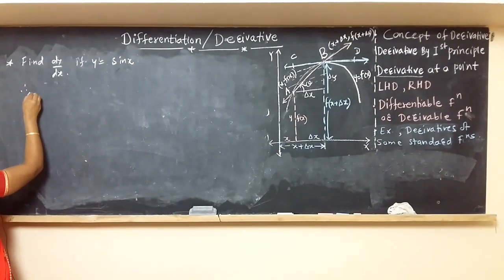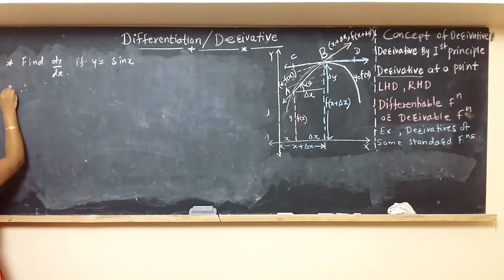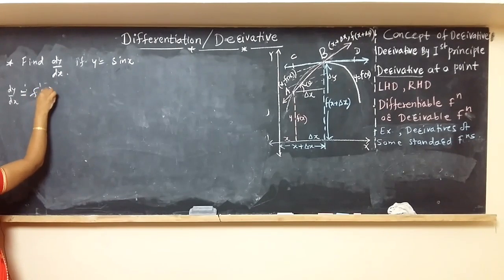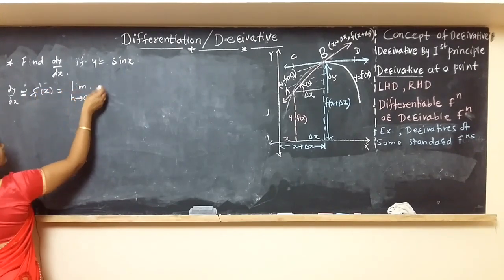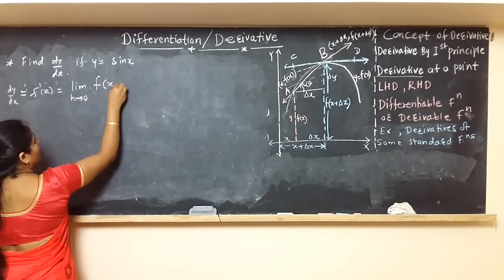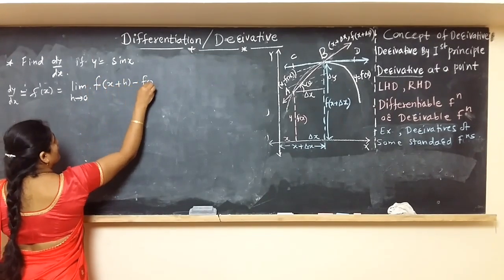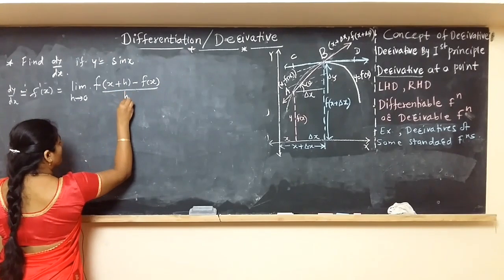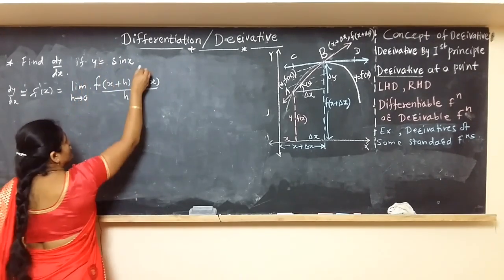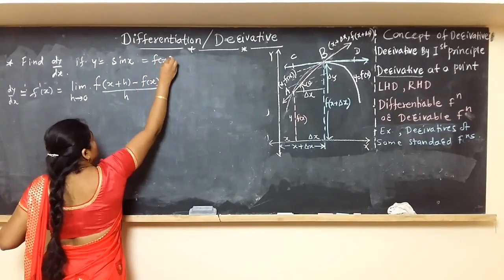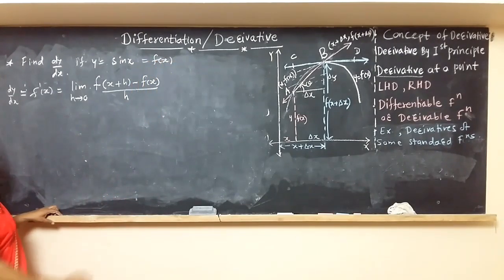As we know, the definition of derivative by first principle is denoted by dy by dx or f dash x, equal to limit h tends to 0, f of x plus h minus fx upon h. As y is equal to sin x, we denote it also like this, y equal to fx.